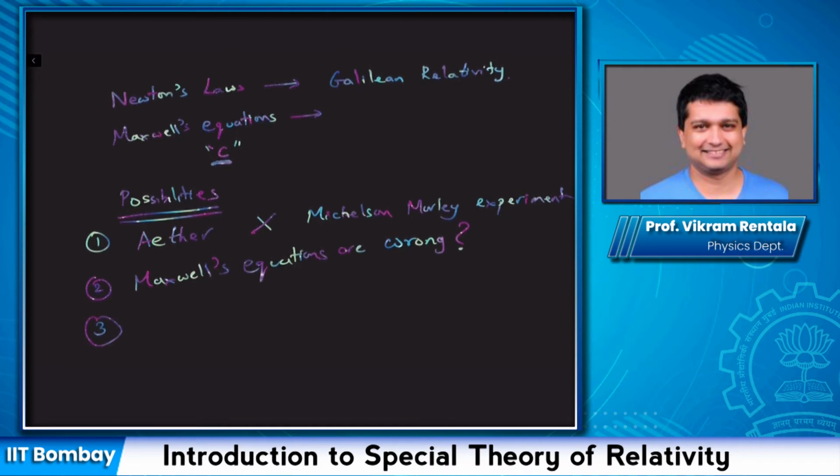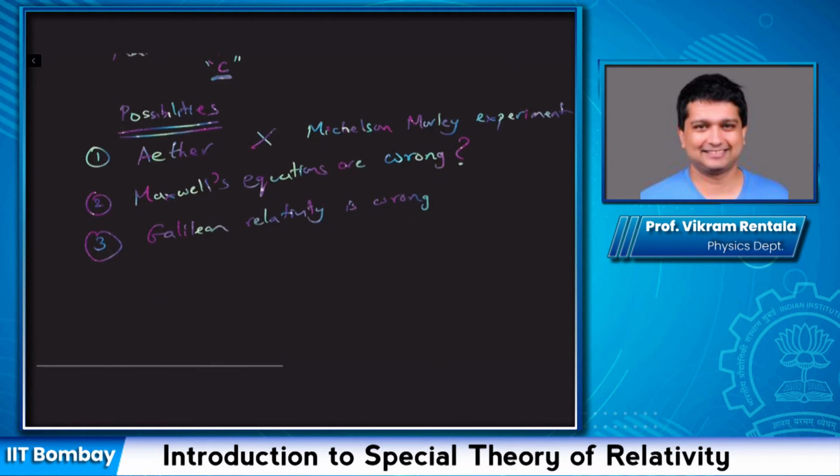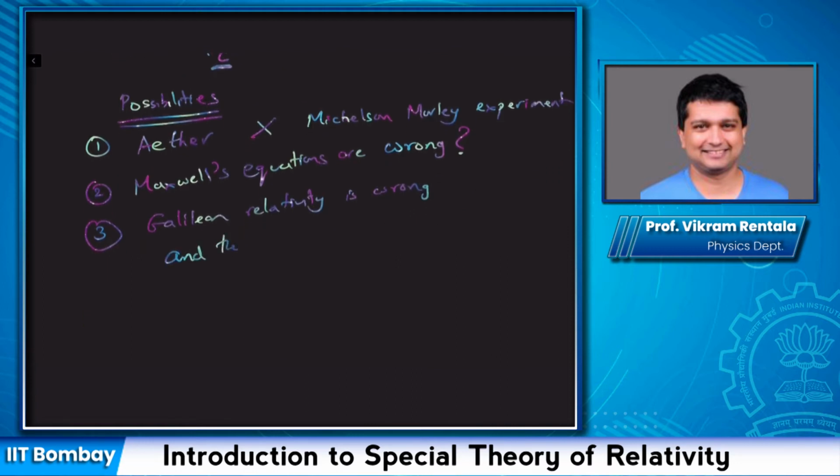Or a third possibility is that maybe Galilean relativity is wrong, and there is a new relativity principle that describes how different observers translate their observations between each other. And this new relativity principle is consistent with Maxwell's equations.